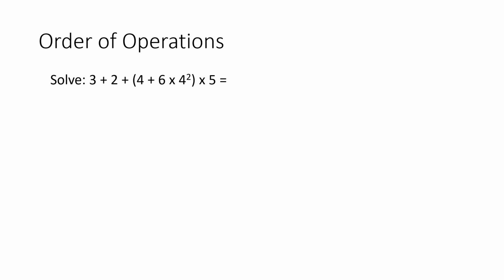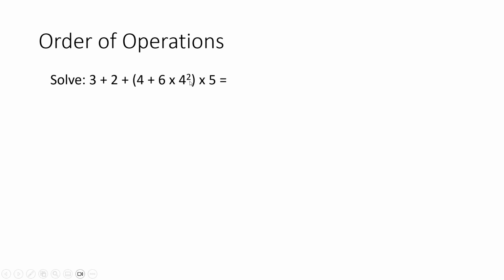Okay, so hopefully you had a chance to attack this problem. So what we do is we start with the parentheses. So this is what's in the parentheses. There's a lot of different stuff in the parentheses. But from within the parentheses, we are going to want to start with our order of operations within the parentheses too. So the first thing we're going to do is the 4 squared.